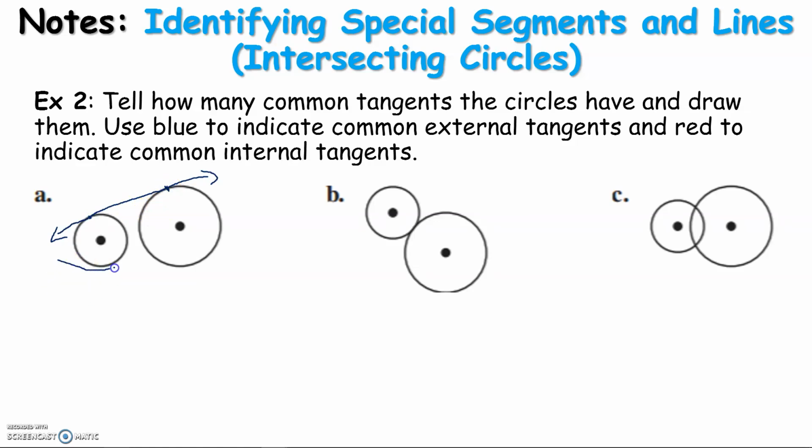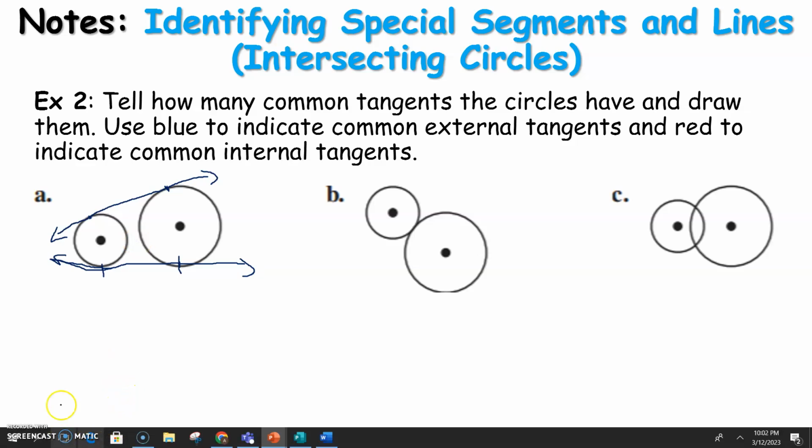Similarly, we can draw another. We're going to pretend that it touches once here and once here. So we have here two common external tangents. And then there are no common, well, actually, there are common internal tangents.